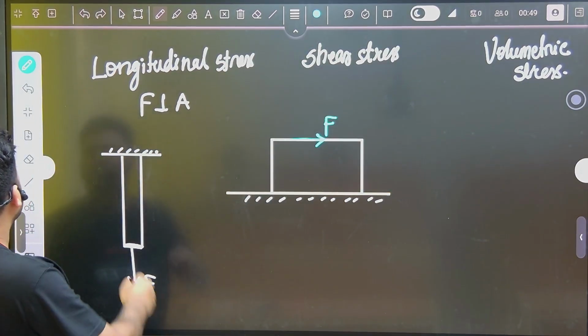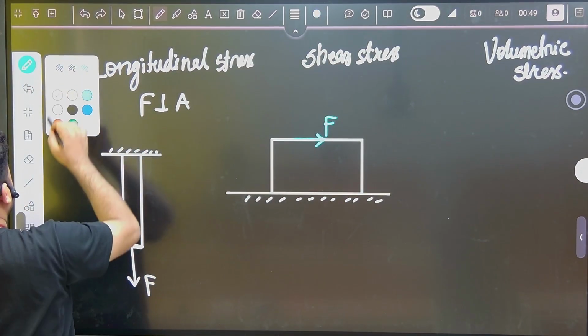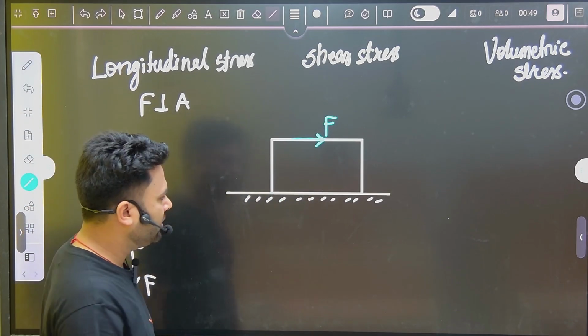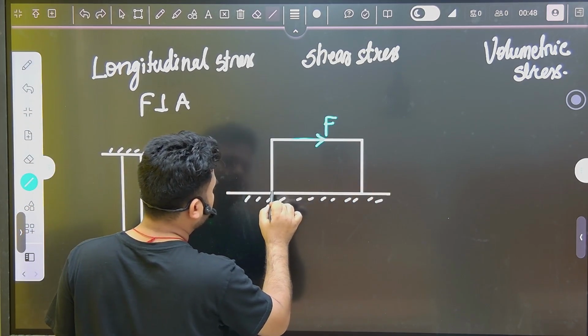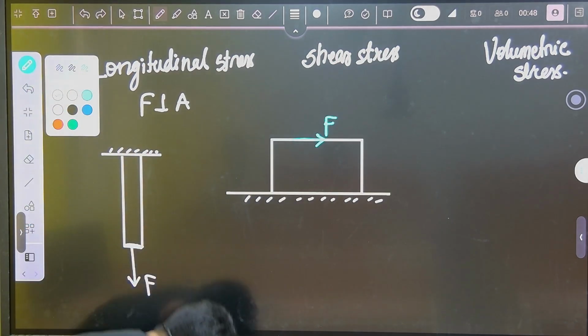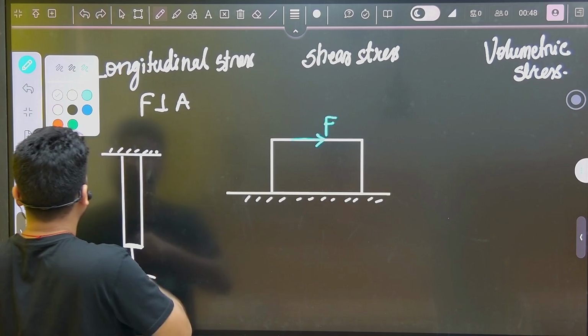Here what happens now? This object gets a little bit distorted. See, like this.